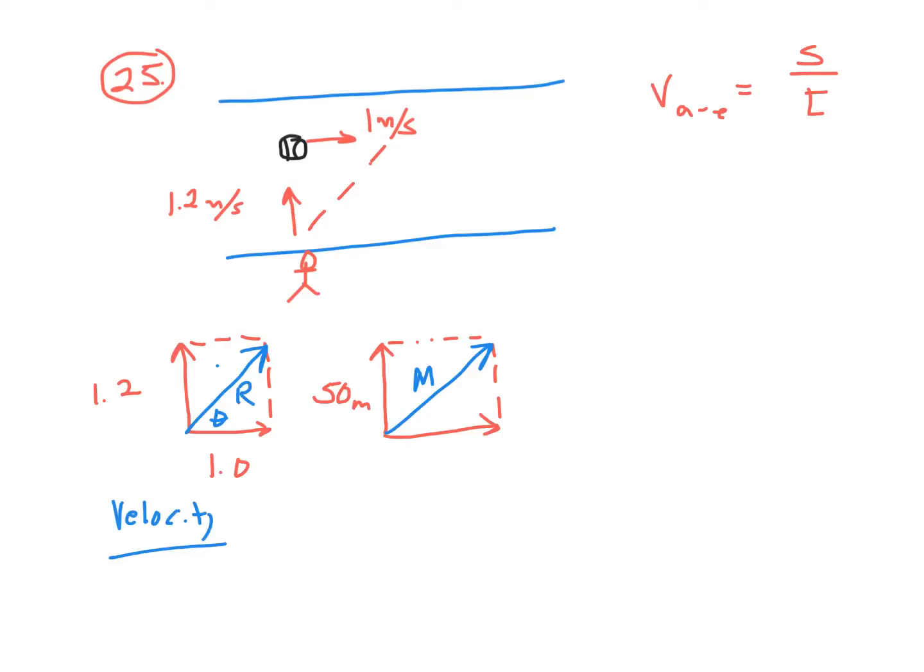But we do know that this angle over here, and there's different ways of doing this problem, but this angle right here is the same as the angle for the velocity diagram. So once you know theta from the velocity diagram, you also know theta for the displacement diagram, and then using sines and cosines you can figure out how far downstream you go, and you could figure out the total displacement, the vector M in this diagram.